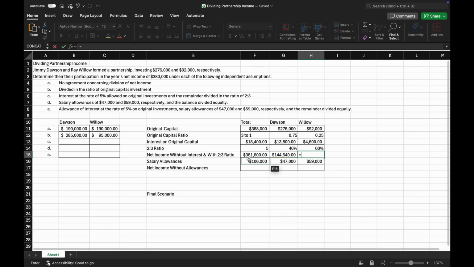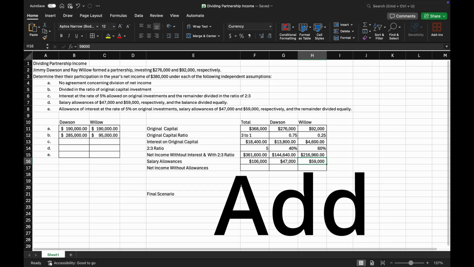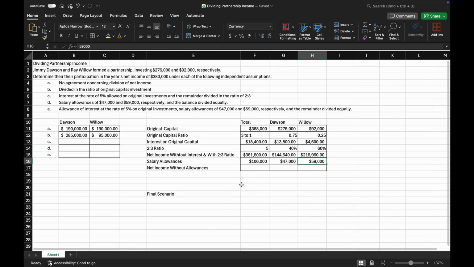For Willow, $361,600 times 60% comes out to $216,960. Now, for each partner, we must add the interest on their original capital investments back into their divided net income for the year.